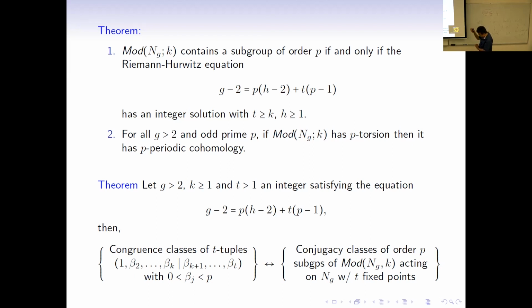Moreover, if the genus is large enough and you're thinking of an odd prime, then if the mapping class group has p-torsion, it has p-periodic cohomology. One can show that.